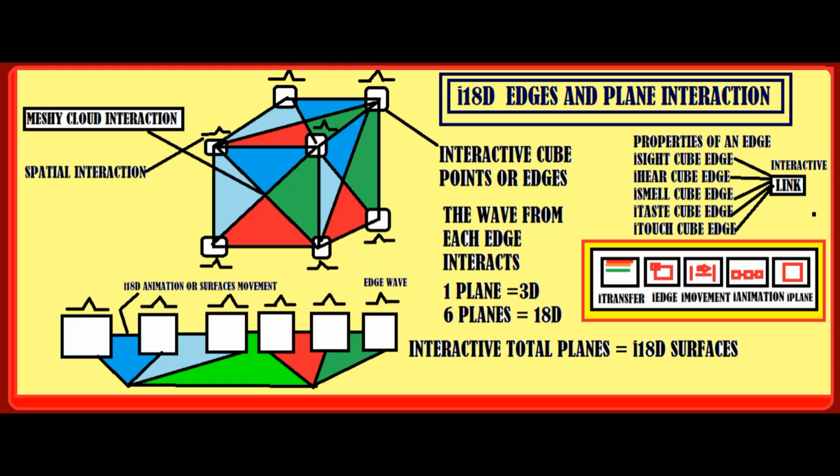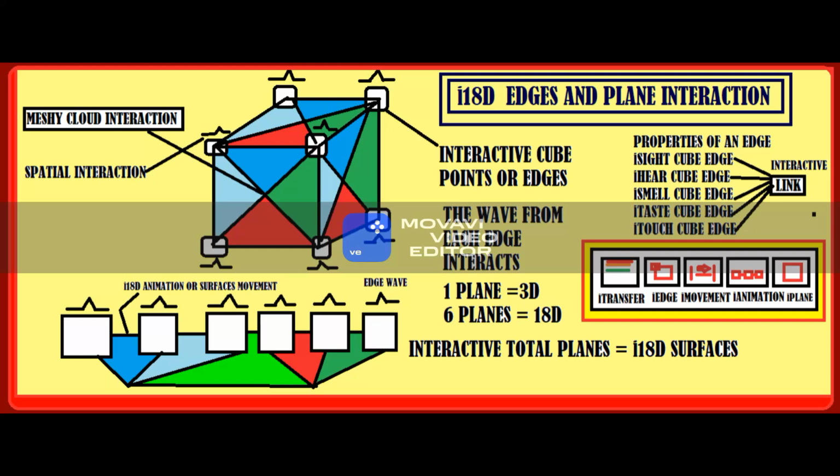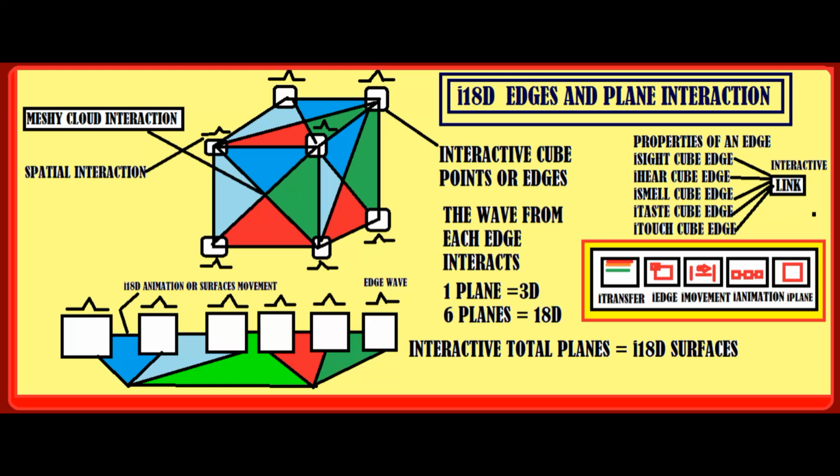Talk about some things. It's really beautiful when you know that there's a link property between eyesight, eye hear, eye smell, eye taste, eye touch. And these link properties are interactive properties. So we are happy to know that planes and edges do interact.